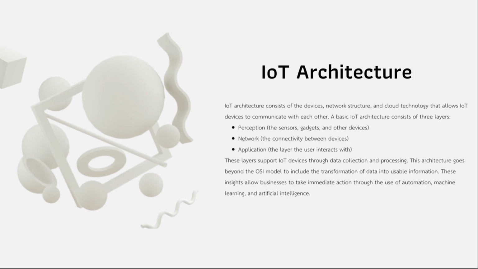This layer supports IoT devices through data collection and processing. This architecture goes beyond the OSI model to include the transformation of data into usable information. These things allow businesses to take immediate action through the use of automation, machine learning, and artificial intelligence.